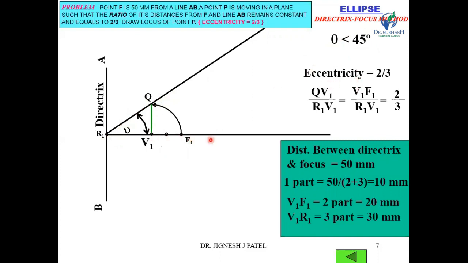Now, from V1, mark some points 1, 2, 3, 4, 5, 6, 7. From points 1, 2, 3, 4, 5, 6, 7, draw vertical lines perpendicular to this axis.